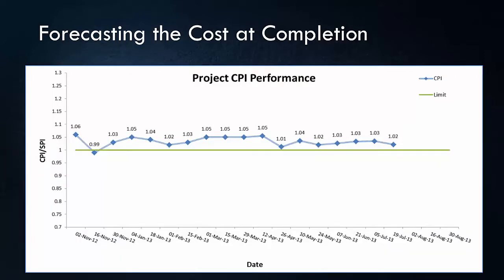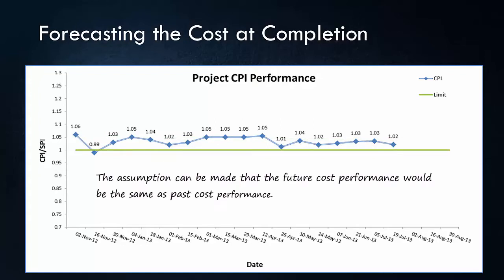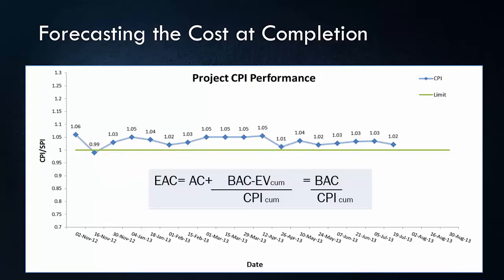So for example, if I draw my trend graph for cumulative CPI and I see it's kind of steady, I can draw a line easily for my cumulative CPI. So it doesn't have that much of fluctuations period to period. For this example, I can easily assume that my future performance would be the same as my past performance, so I can use cumulative CPI for my projected performance factor.